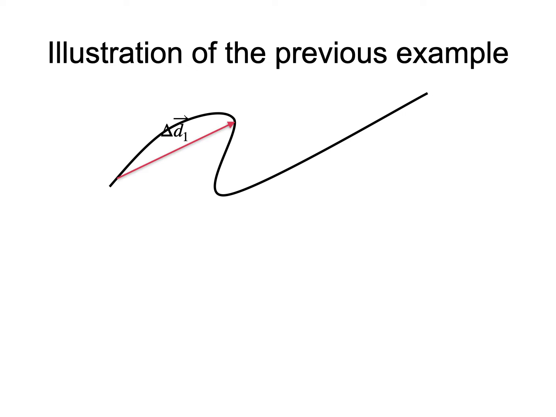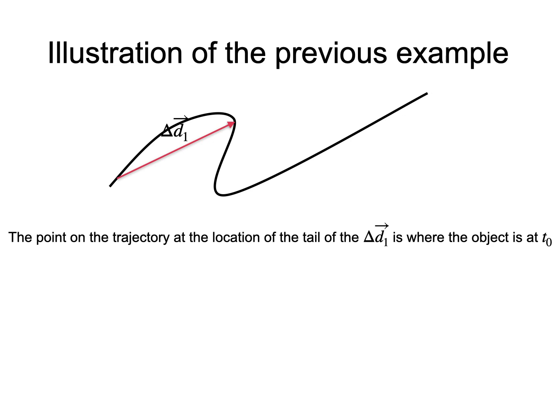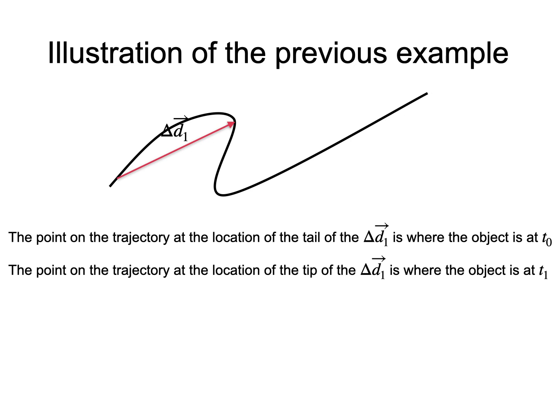To illustrate the previous setup, let us use this example of a trajectory in 2 dimensions. We will pick 2 points on the trajectory to create a displacement vector delta d1. The tail of the red vector is where the object is at t0, and its tip is where the object is at t1.